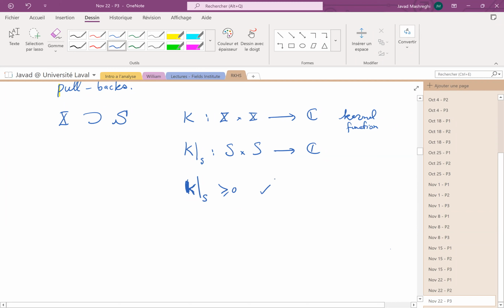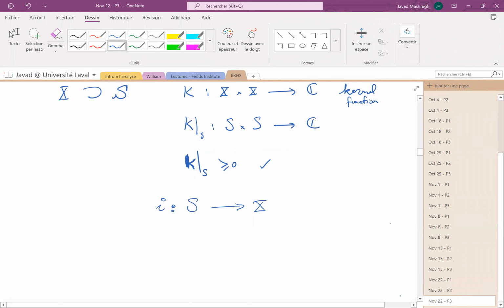So I want to show this, and even I want to go a little bit more, because when I say restriction, it means that I consider the inclusion mapping I from S to X. And then instead of considering K over X, which is indeed over X times X, but we can use this abuse of language, consider the composition of K with I. And then this gives us the restriction over S.